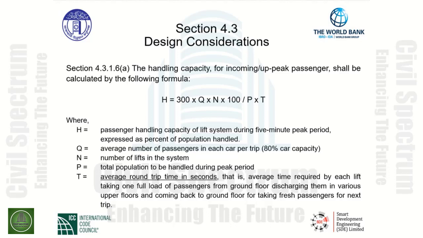The final variable T is the average round trip time in seconds. That is, the average time required by each lift taking one full load of passengers from ground floor, discharging them in various upper floors, and coming back to ground floor for taking fresh passengers for the next trip.